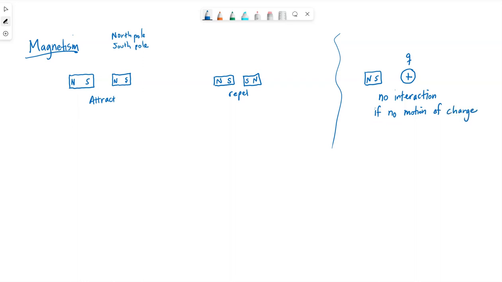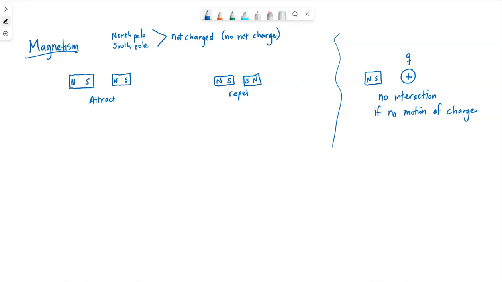It turns out that magnetism, though there are similarities to electricity, is not the same thing. So when we talk about the north pole or south pole of a magnet, these are not charged. So no net charge.